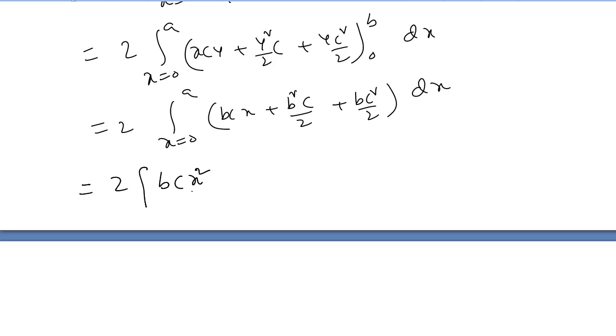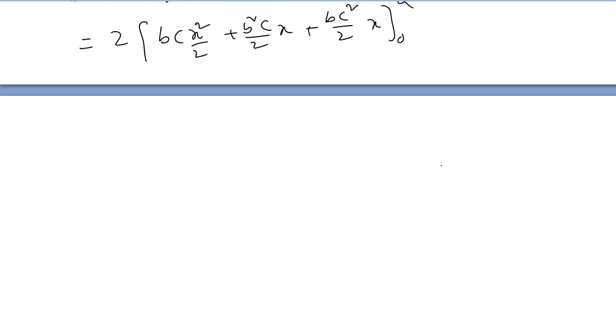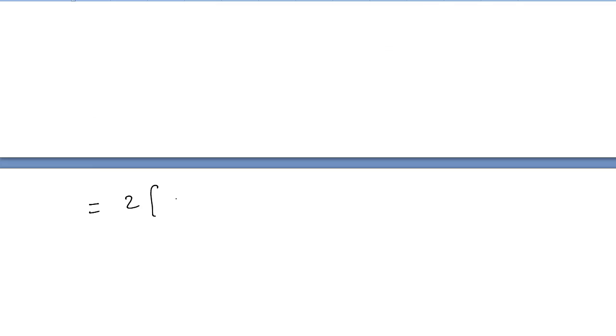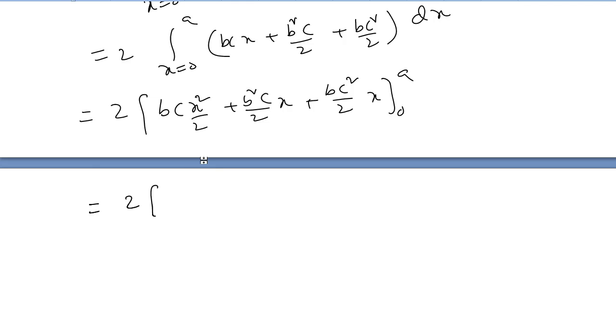bc x square by 2, b square c by 2 into x, bc square by 2 into x, 0 to a. Now, if you substitute the limits, x equals a: a square bc by 2, a b square c by 2, a bc square by 2.